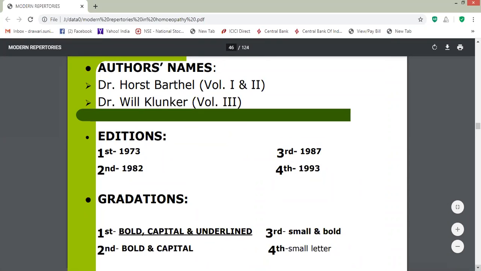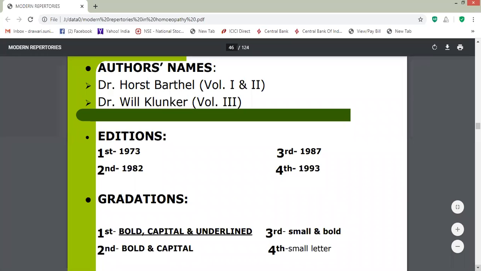There are about 4 editions of this book. The first edition was published in 1973, the second edition in 1982, the third edition in 1987, and the fourth edition in 1993.